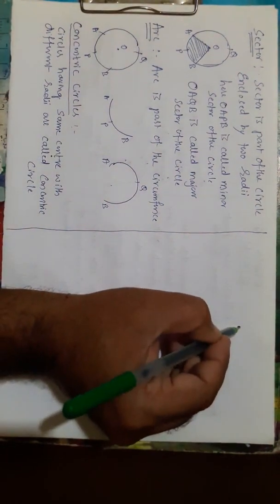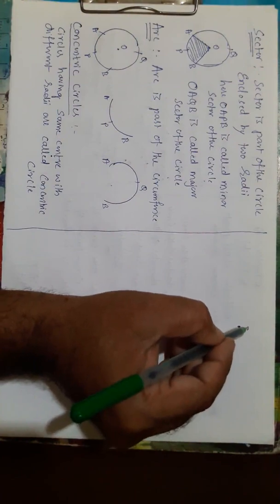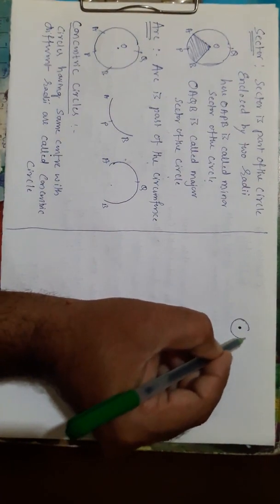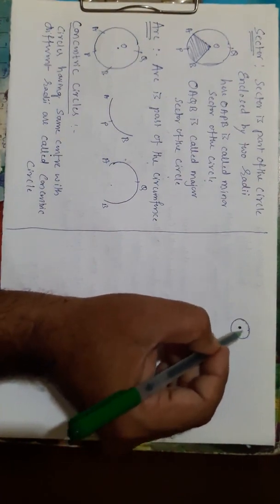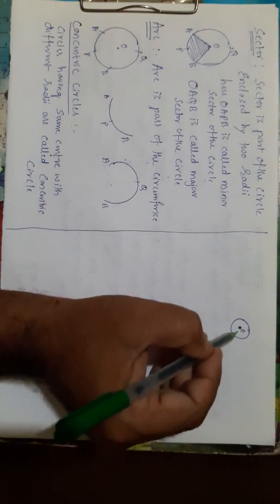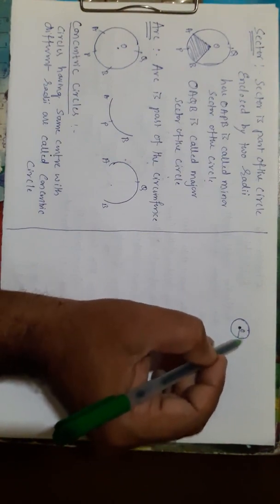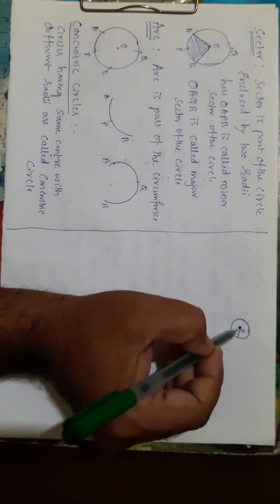So it is a center. Now I am drawing one circle with center O. Now I am changing the radius with the same center.